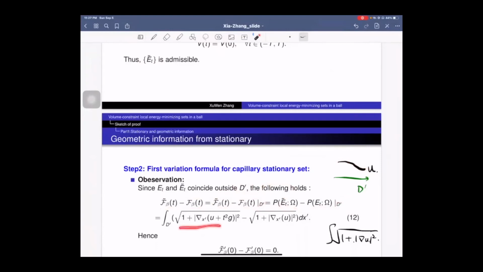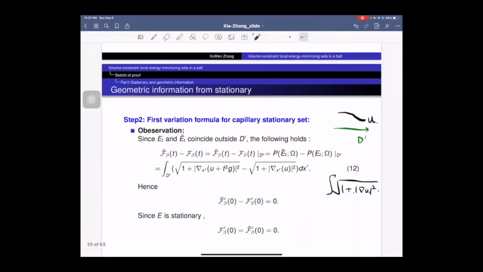That's indeed this. And from this, we can derive that the first derivative of the difference of the free energy is 0. This is because we have t squared here. If we take the first derivative of t squared, we will have some term like t times something, and we evaluate at 0.